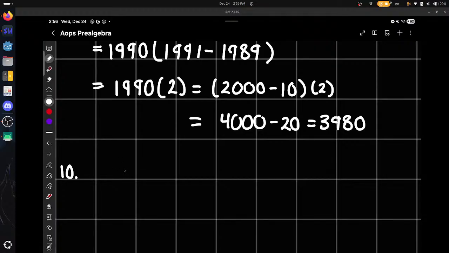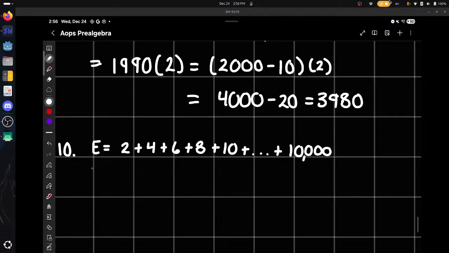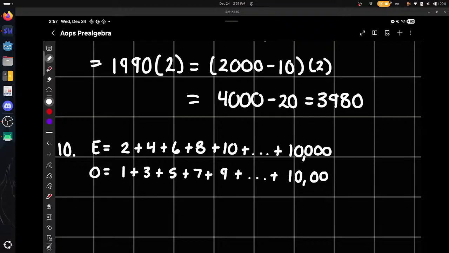So I have to get the sum of 2 plus 4 plus 6 plus 8 plus 10 plus ... plus 10,000, and then this is all the even numbers and odd numbers. 1 plus 3 plus 5 plus 7 plus 9 plus dot dot dot plus, would it be this, or no?